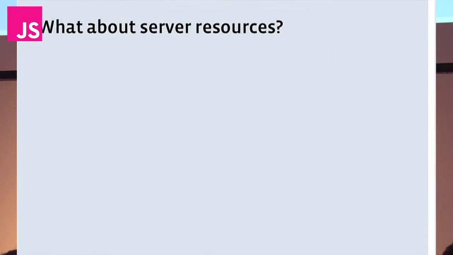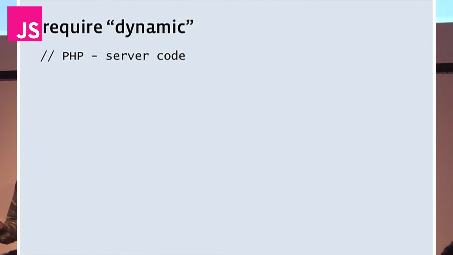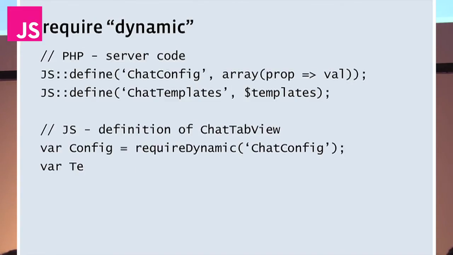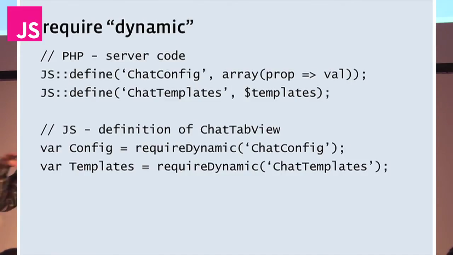So the way we fix this is we introduce this idea of dynamic dependencies, where you can define modules on the server. You just export a bunch of configuration as a dictionary, or a template as even just a string, and then you can require these templates. Now, we don't use the require keyword, even though to the client these things look the same as regular modules.